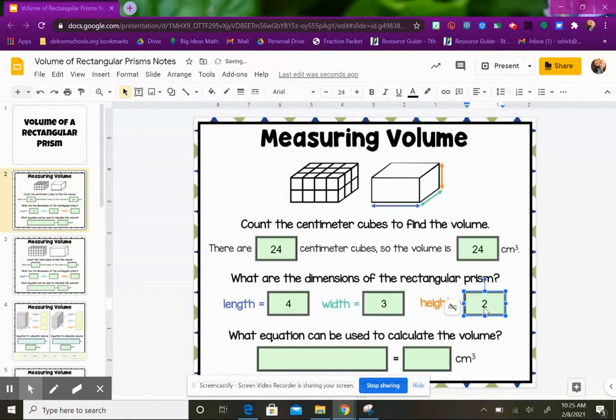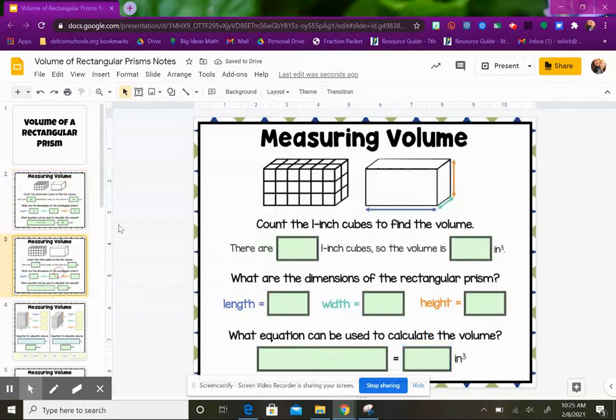So you might remember from math before, 5th and 6th grade math, length times width times height will get you that. And we kind of just proved that. If I have 4 by 2, 4 times 2 is 8, and I have 3 of those, that's 24. So the equation that I will use is 4 times 3 times 2, and that is 24.